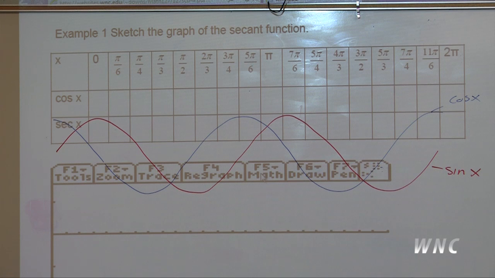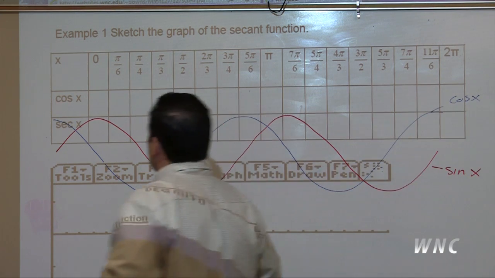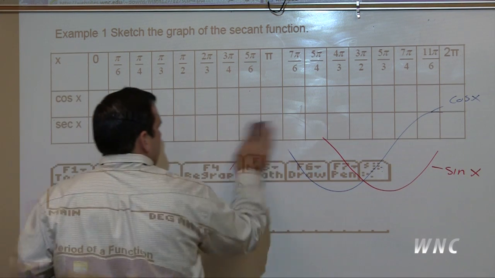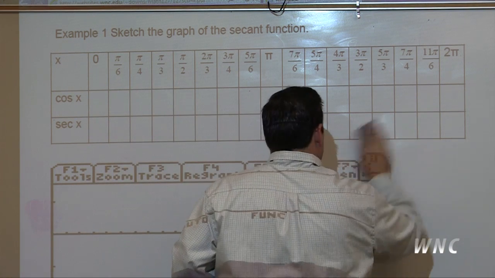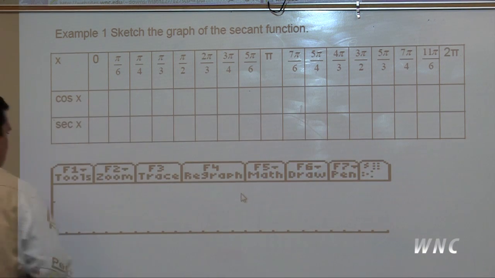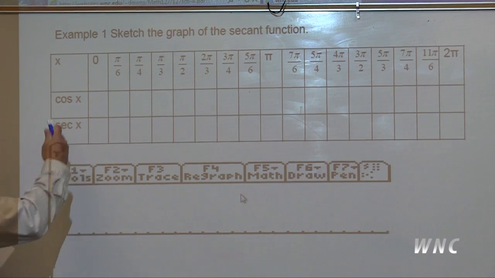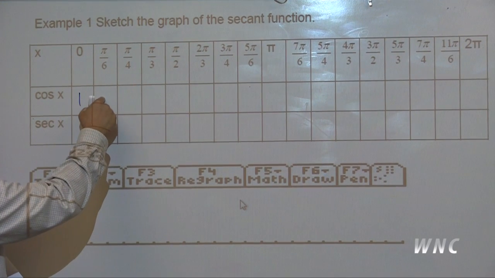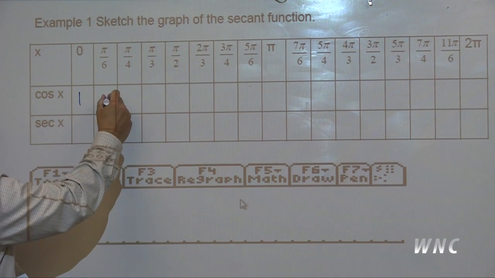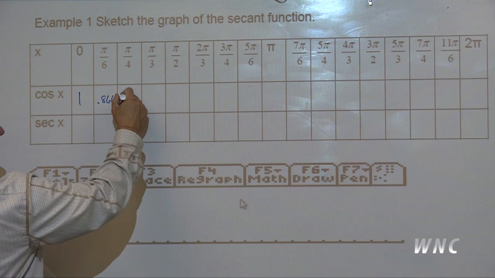Now we're going to go on to the secant function. So we're going to use the values we had from the cosine. Now I'm going to go through and fill in the decimal equivalents. So we're at 1. This is square root of 3 over 2. That's 0.866. Then we're at square root of 2 over 2.